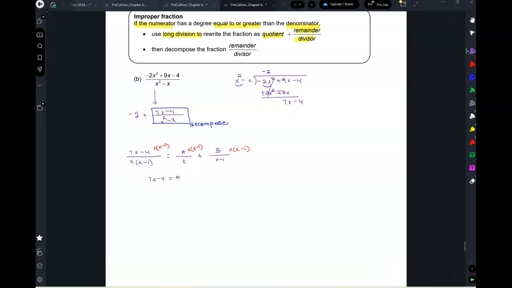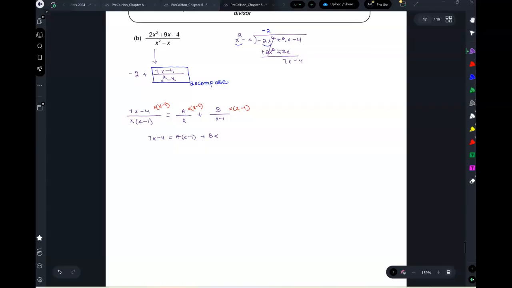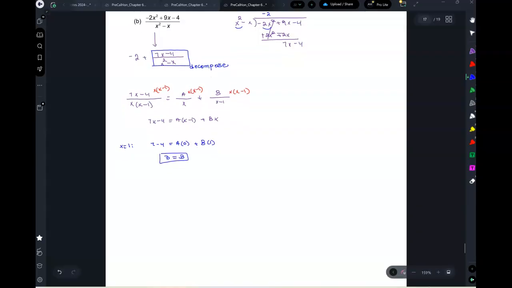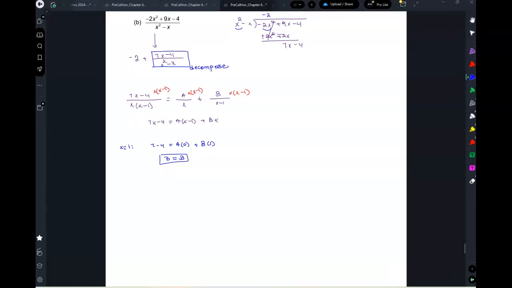Is equal to A, x minus 1, because the x's cancel, plus B, x. Cool. Okay, what makes the first one 0? 1. So 7 minus 4 is equal to A times 0 plus B times 1, equals B. Okay.